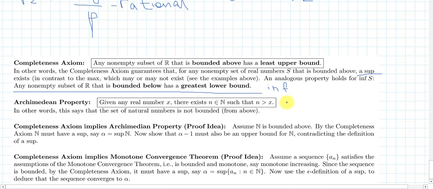In other words, the set of natural numbers is not bounded. So we can find every time a number which is greater than our previous one, any real number x.